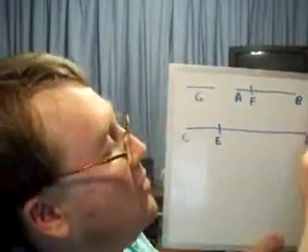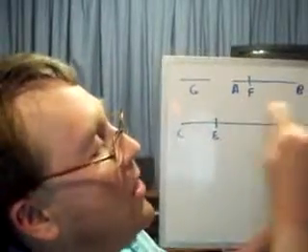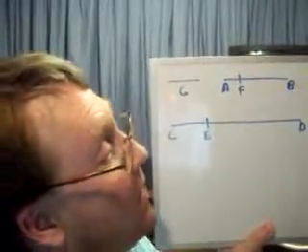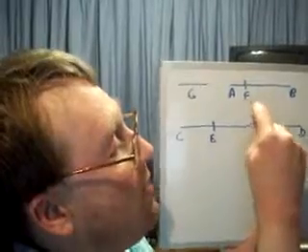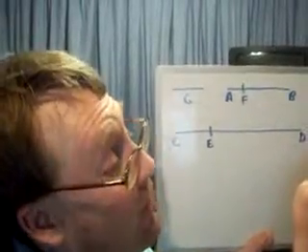But AF measures itself. So now we can say that AF measures itself, it also measures FB, without leaving a remainder. Therefore, AF will measure the whole AB. AF will measure all of AB, because if it measures itself, and it measures this line without leaving a remainder, it'll measure the whole thing.